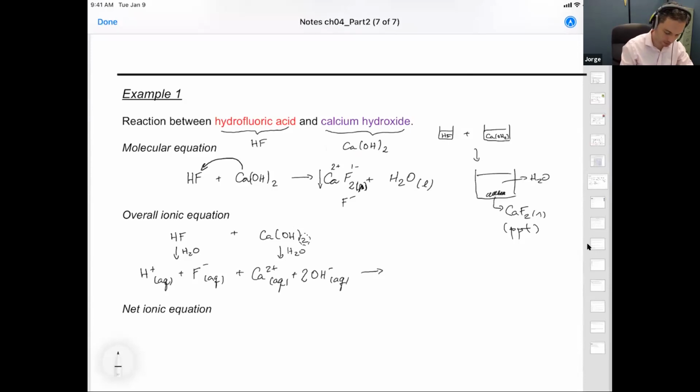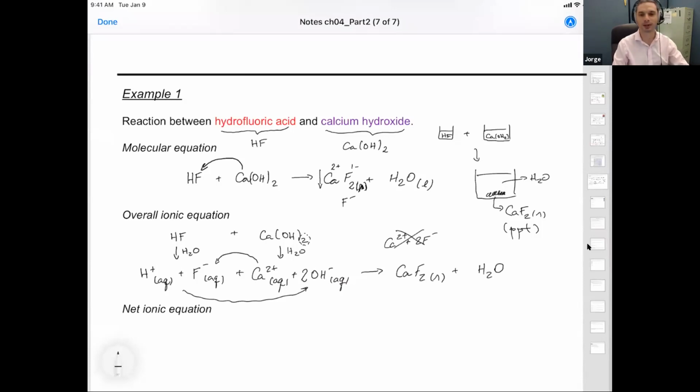Okay. So now let's react all the ions. Positive will combine with negative, and the same thing here. That's going to form calcium fluoride, solid, plus water. Okay, so now attention, because when you have the formation of a solid, you are not going to write calcium 2 plus and fluoride.